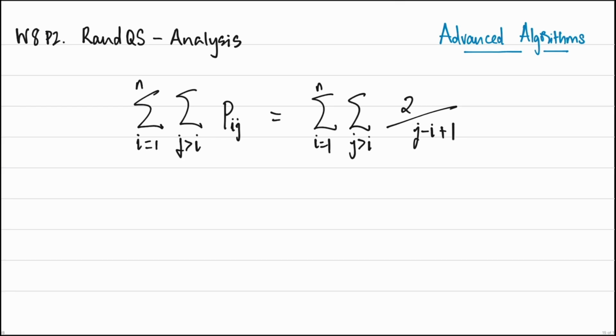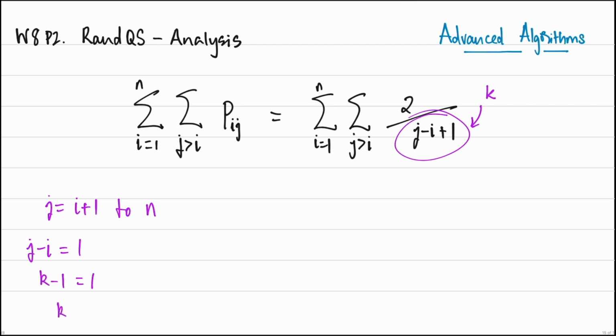Now to simplify this expression a bit, let's introduce a change of variables. So let's denote j minus i plus 1 by k, and notice that j ranges from i plus 1 to n, so j minus i ranges from 1, and j minus i is k minus 1, so the lower bound for k is going to be 2, and of course we have j equals n, and j is k plus i minus 1, so the upper bound for k is going to be n minus i plus 1.